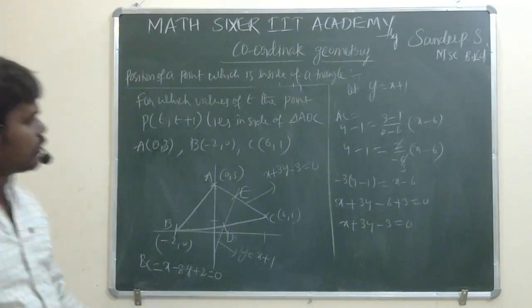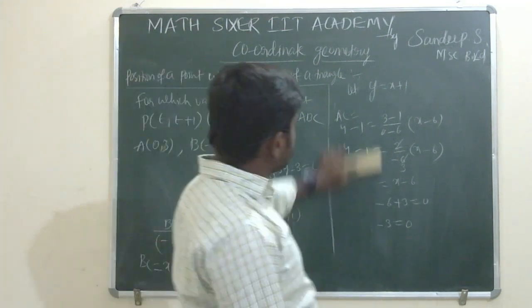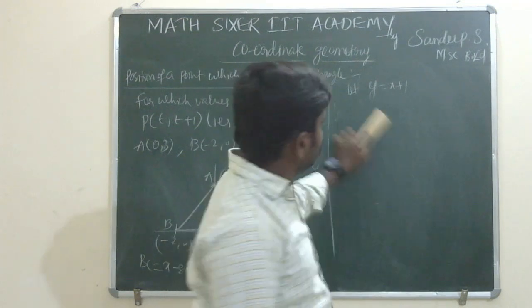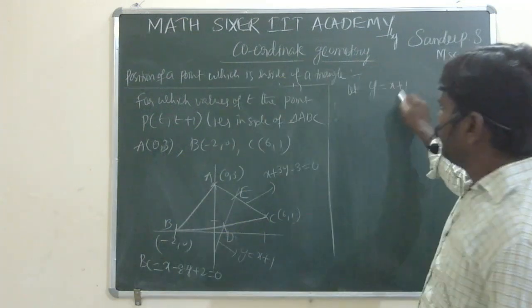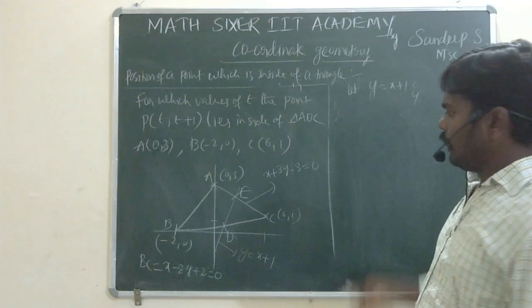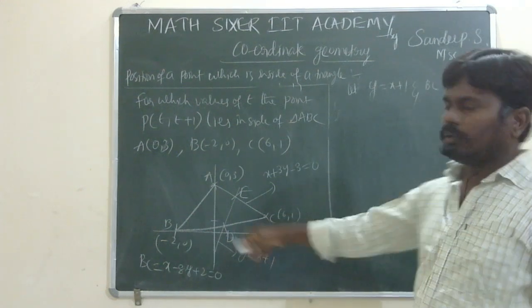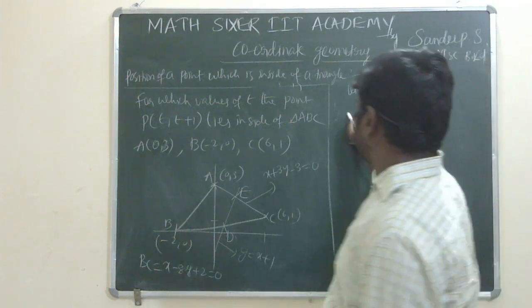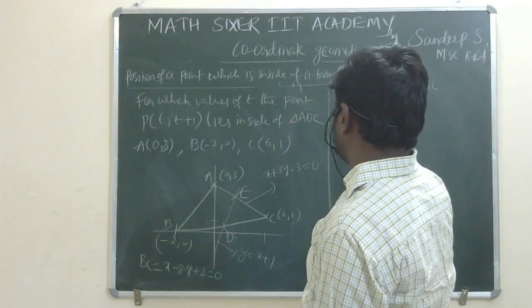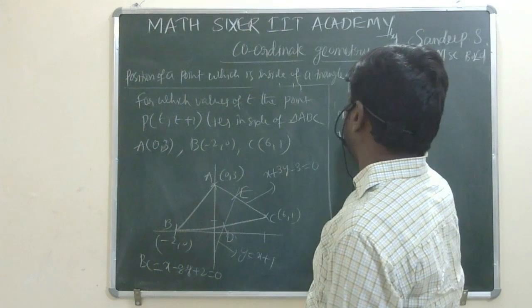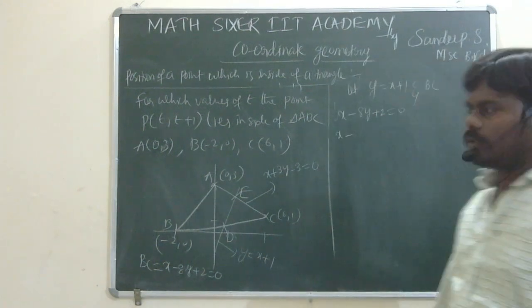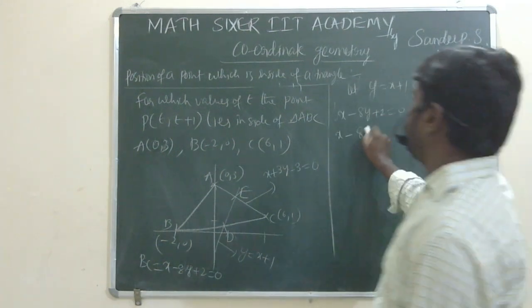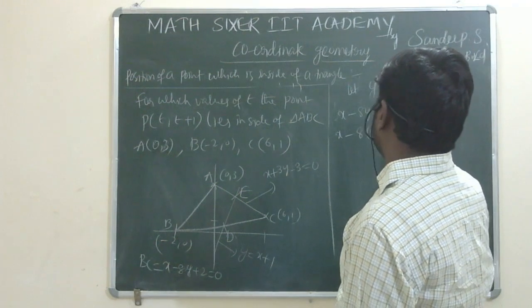Now we have to solve y equals x plus 1 with BC first to get D. BC is x minus 8y plus 2 equals 0. Simply substitute the value of y here: x minus 8 into (x plus 1) plus 2 equals 0.